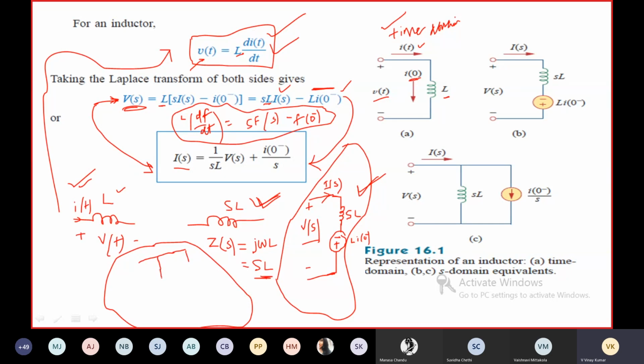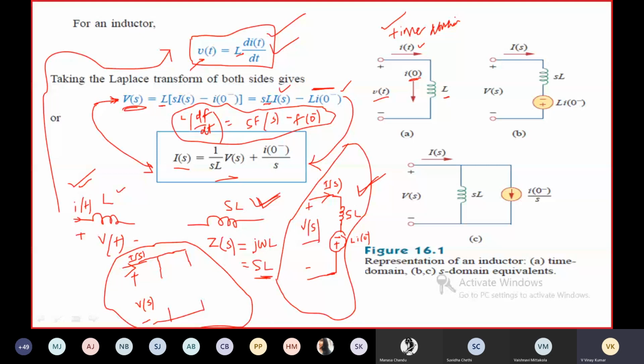Let I(s) be the total current and V(s) the applied voltage. The first part is 1/(sL) times V(s).